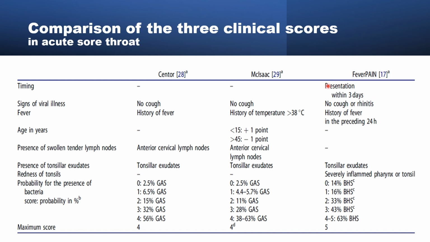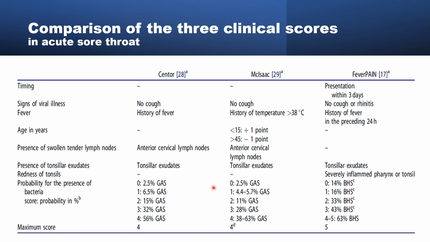One of them is quick or rapid presentation within 3 days of the onset of the symptoms, and the other is, in addition to tonsillar exudate, a severely inflamed pharynx or tonsil. On the McIsaac, there will be one added factor, that of the age, where age before 15 years would add a point, and more than 45 years you would lose 1 point.